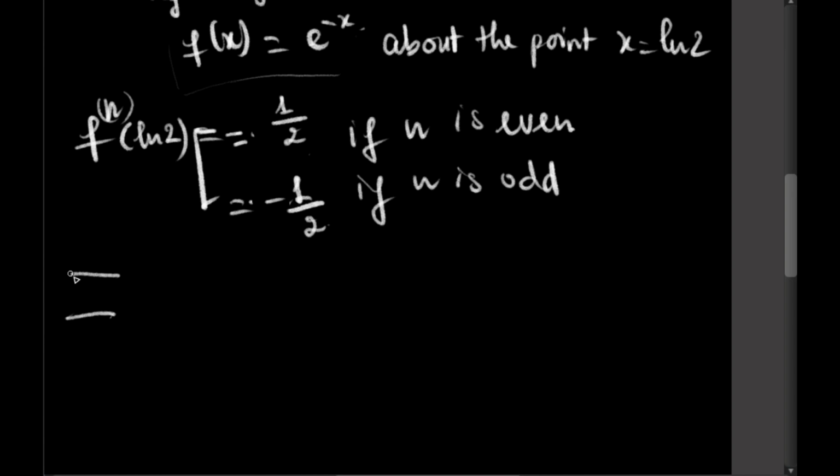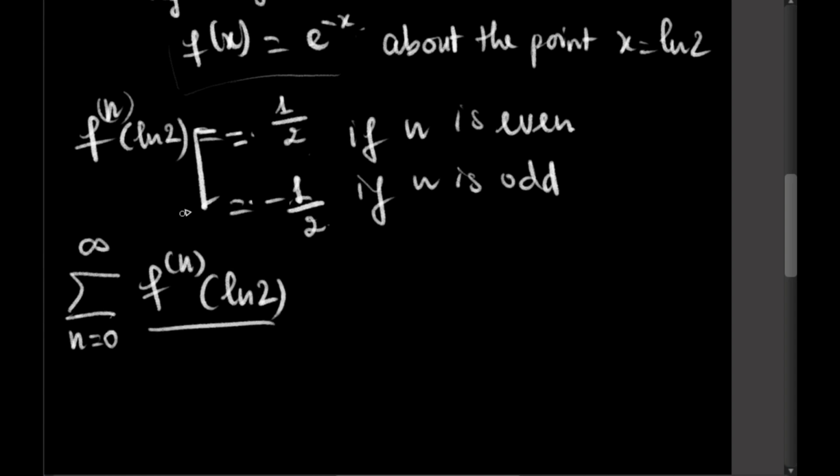And now let's write our Taylor series. So here, I'm going to say 1/2 over n factorial, to the power of n, right?